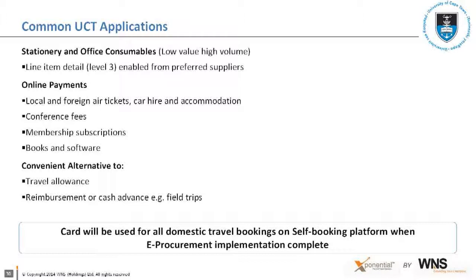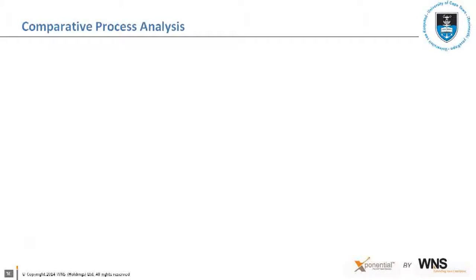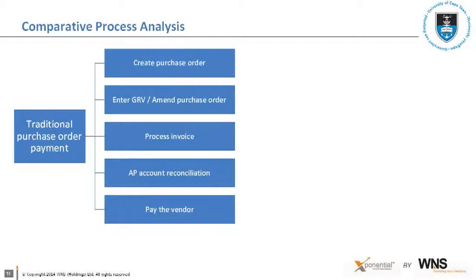So it's really important as the spend increases to have a really good system in place to manage that and to manage visibility of those transactions. Xponential has provided a platform for that.